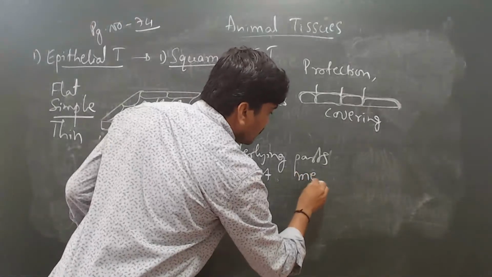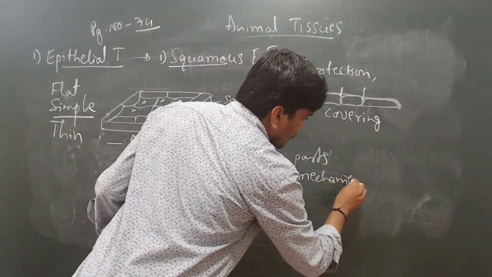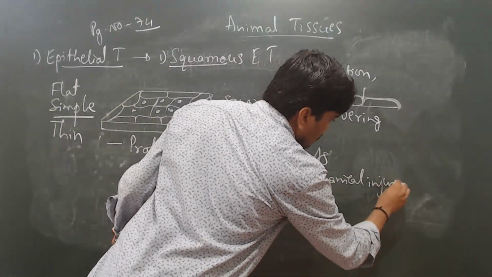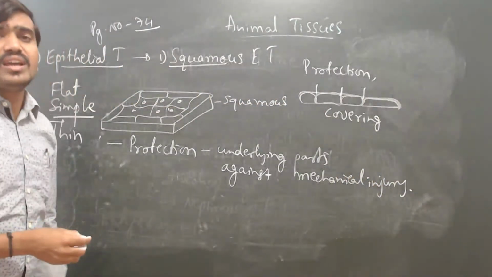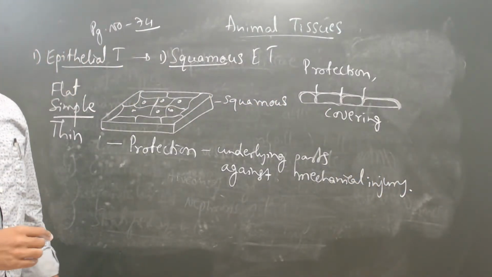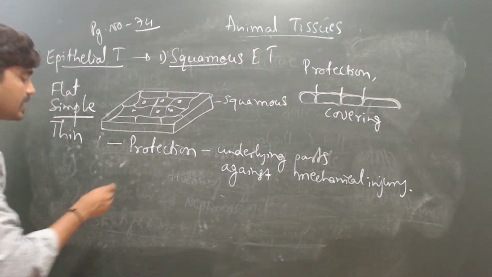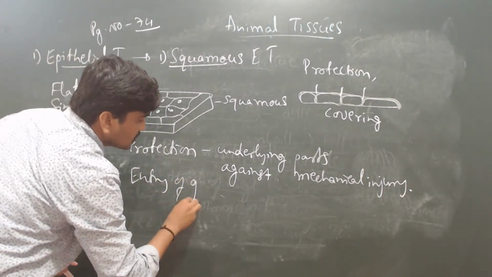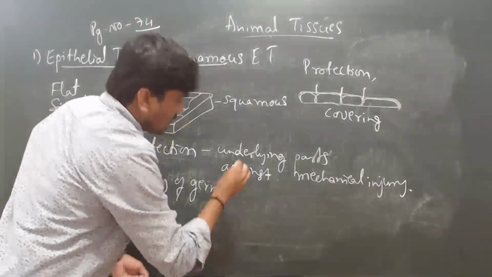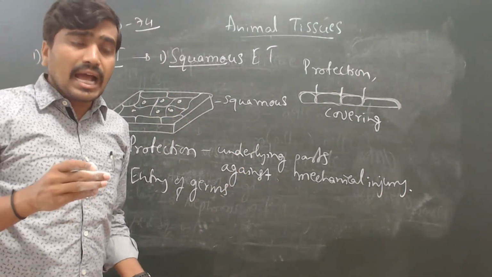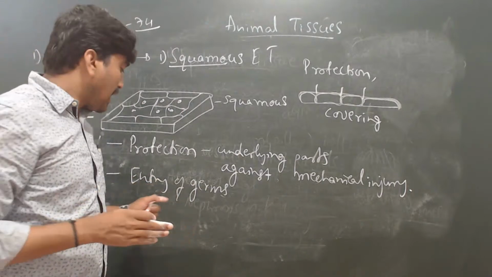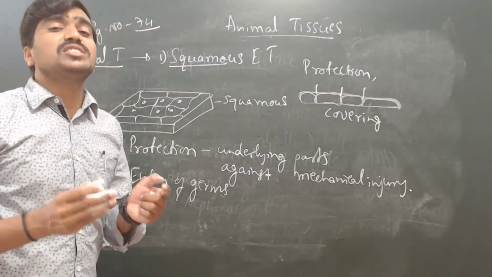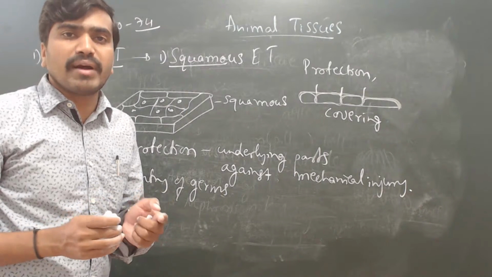Which type of injury? Mechanical injury. And it also prevents entry of germs. Germs are nothing but microbes. Which type of germs? Unwanted microbes.